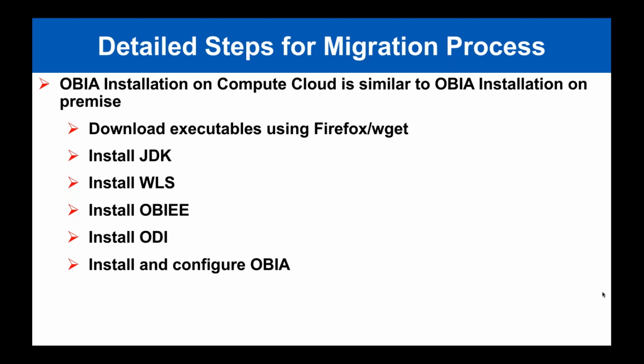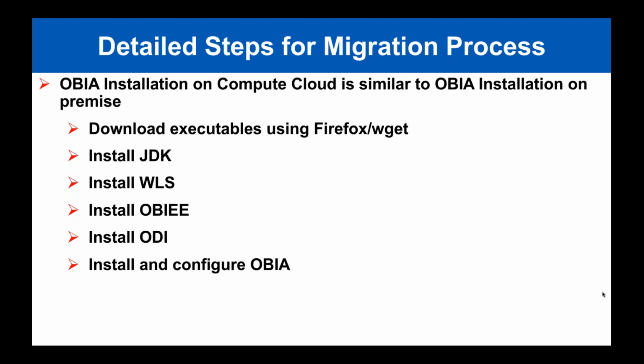You just download the executables using Firefox or wget, or using your public-private keys, you can actually upload the executables. You install JDK, WebLogic Server, OBIEE, and then you can configure OBIA. Of course, this is just the highlights of the install. The install is much more complicated.